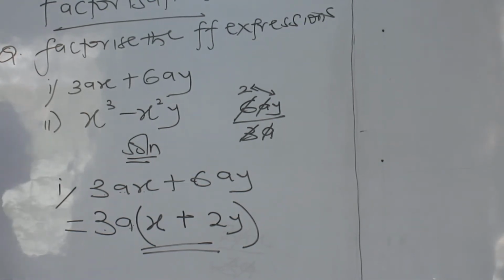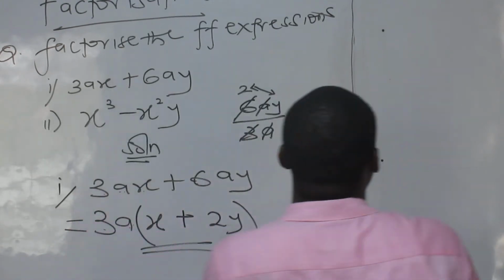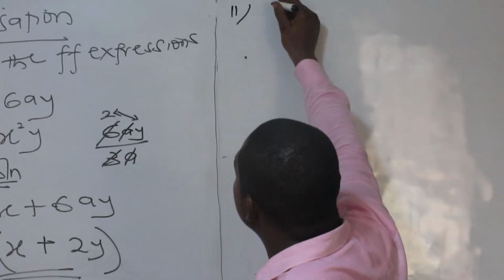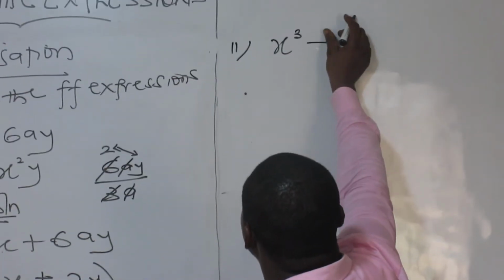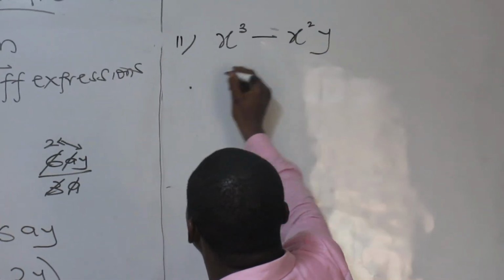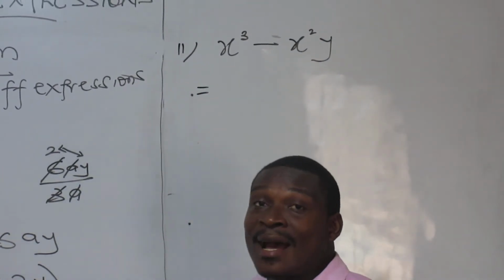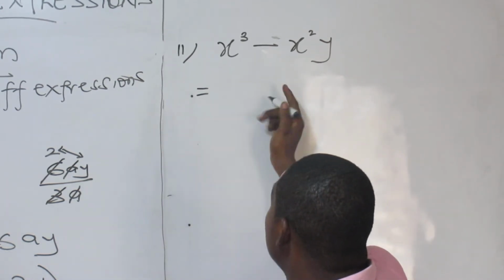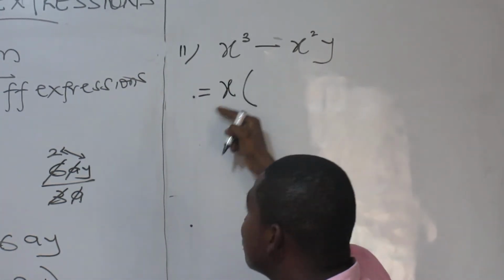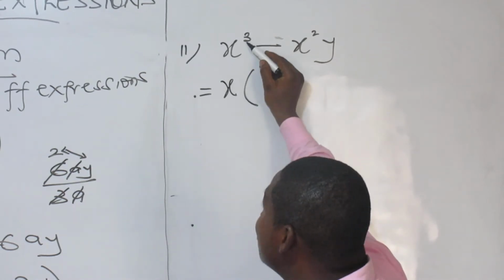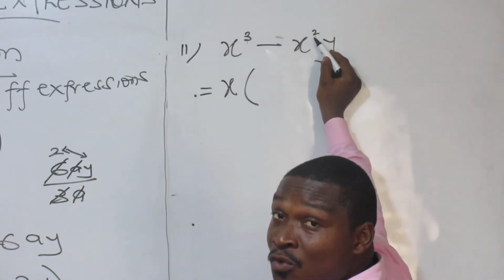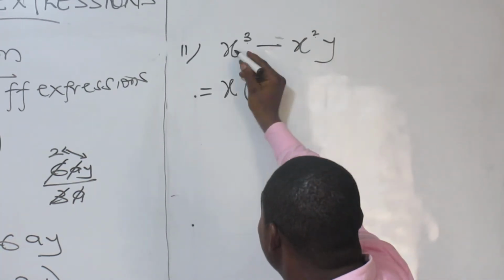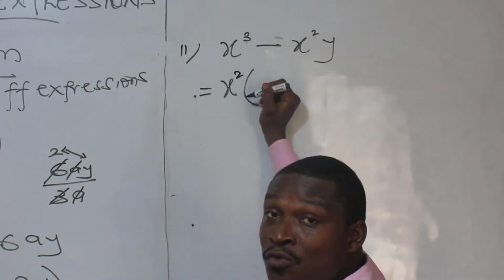Good. Now let's try the second one here. I factor highest common out, not just common. If it's just common, that common is x. But remember, this is x power 3, x power 2. So the highest common to them is x squared.